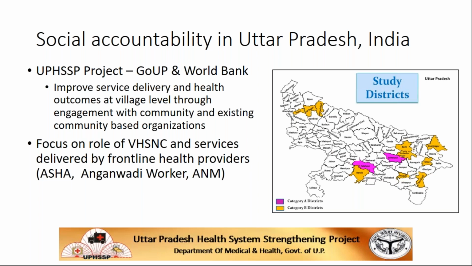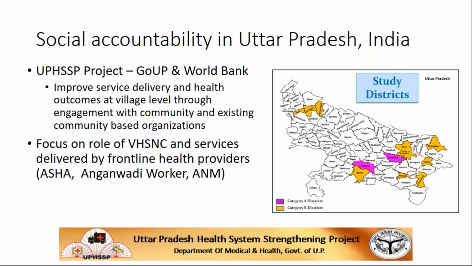The project did a number of different things, but we're going to focus here specifically on the social accountability component of the project. In that component, the goal was to strengthen the functioning of existing committees that promote health, sanitation, and nutrition in villages, and to improve the performance of the frontline health providers in India, in UP specifically.